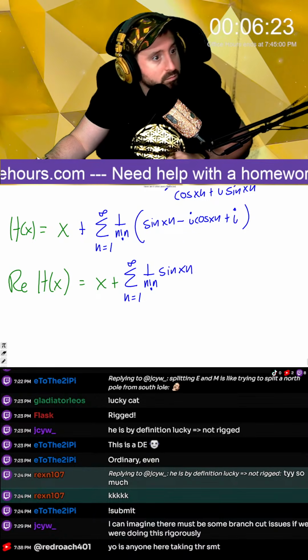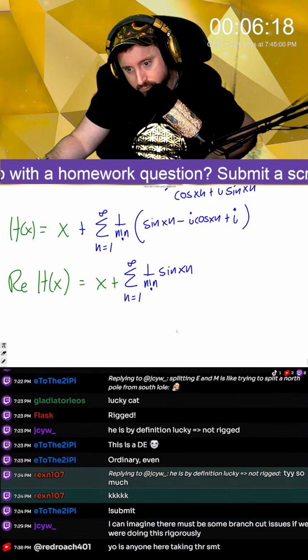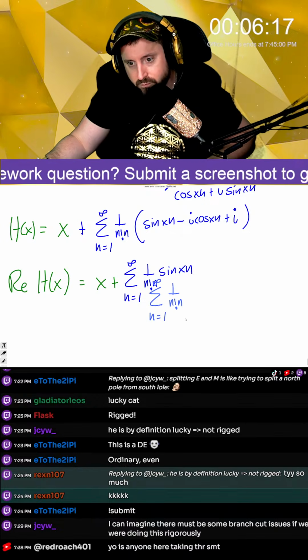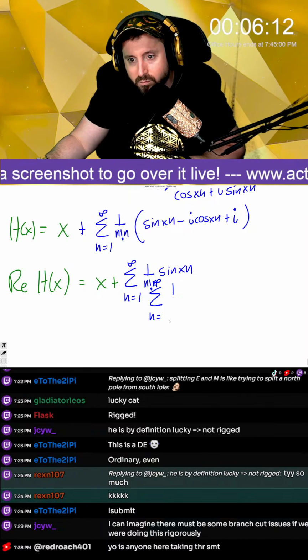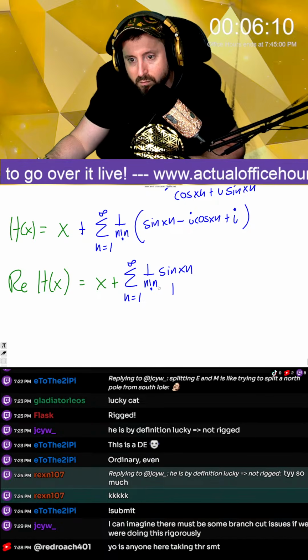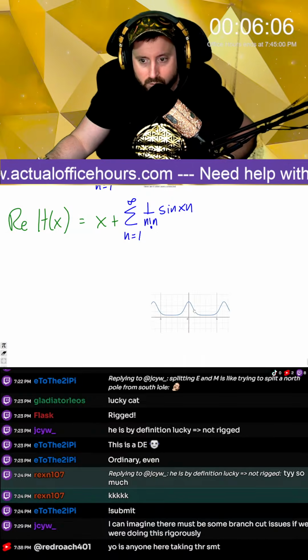See if it'll send. There it goes. Got it. That's what the function looks like, and you'll notice there's a local minimum, maximum. Those happen at pi, 2 pi, 3 pi, 4 pi, etc. So any multiple of pi, and so it kind of piqued my interest.